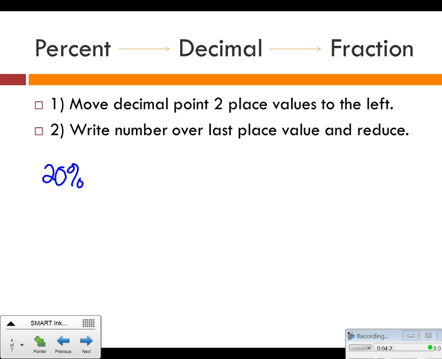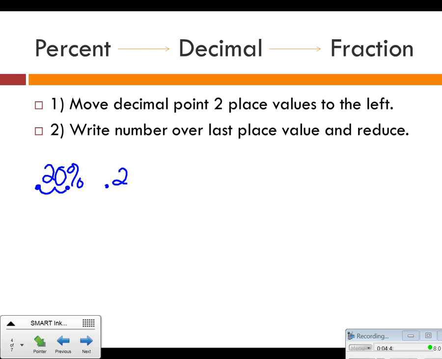Number 1, move the decimal point 2 place values to the left. Now in 20%, I don't see a decimal point. If you don't see a decimal point, it is located at the end. So I'm adding my decimal point. I'm going to move it 2 place values to the left, which is the same as dividing by 100. So now I have a decimal, which is 0.2.